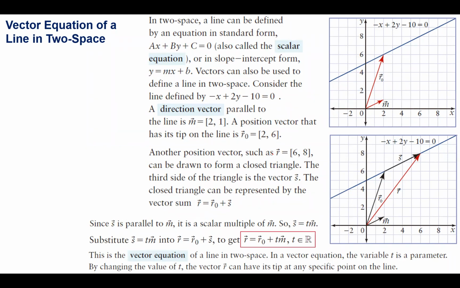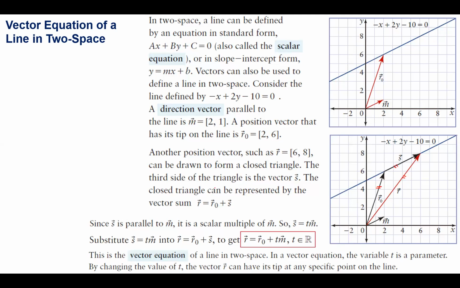Another position vector such as r, which is 6, 8, can be drawn to form a closed triangle. The third side of the triangle is the vector s, which is here. This is a vector. There's another vector, and this is another vector, right?